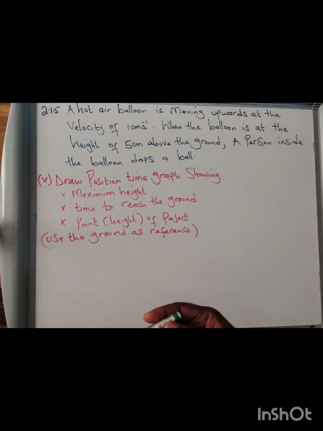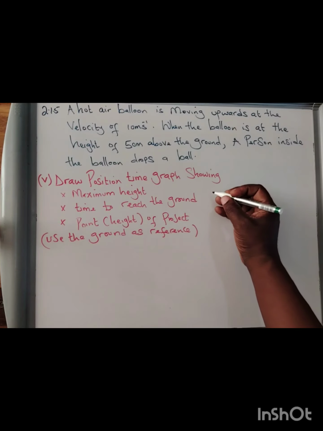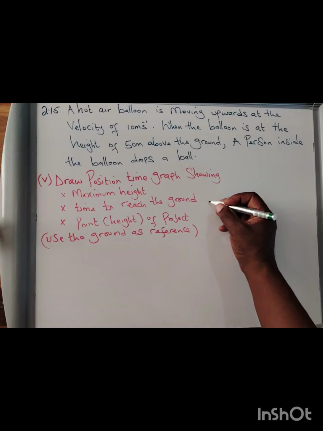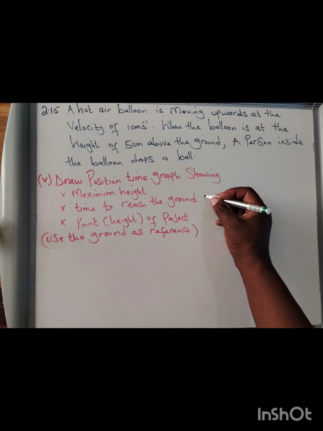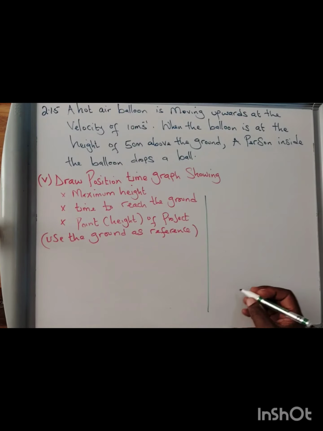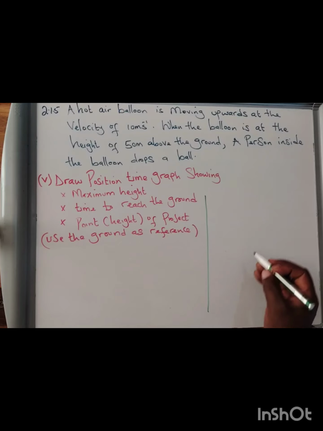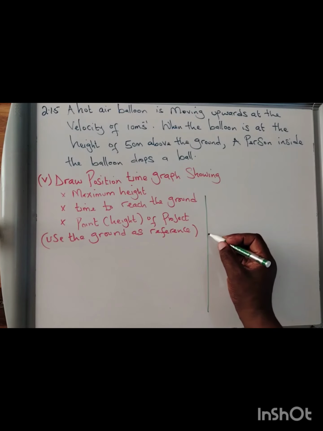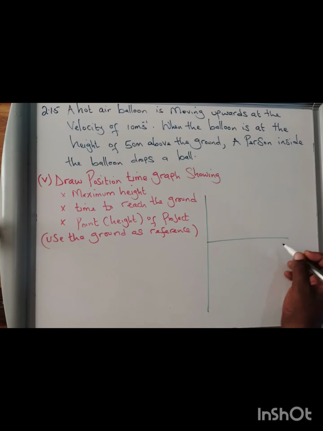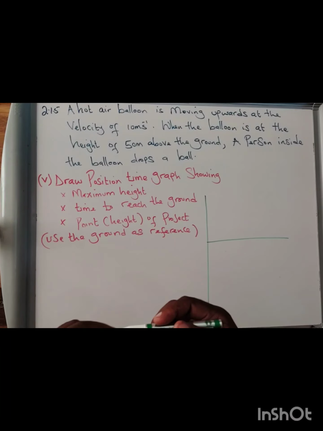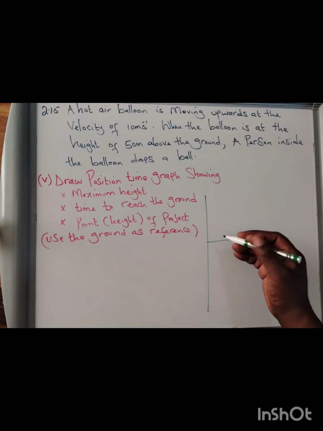And we know the behavior of the stone. Let us look at what we are supposed to have. On the assumption that this is our axis, let's take this one. So this is the sketch we're supposed to have.